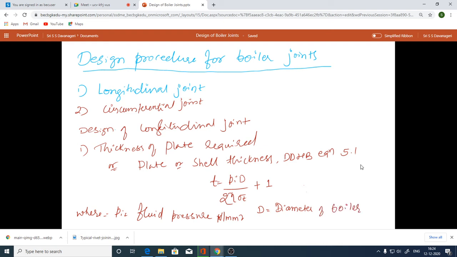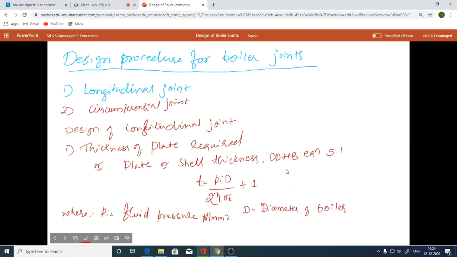Next, sigma T is allowable tensile strength of plate.